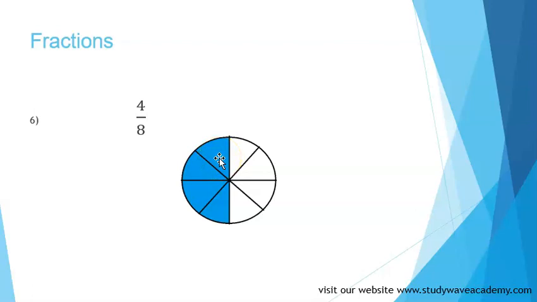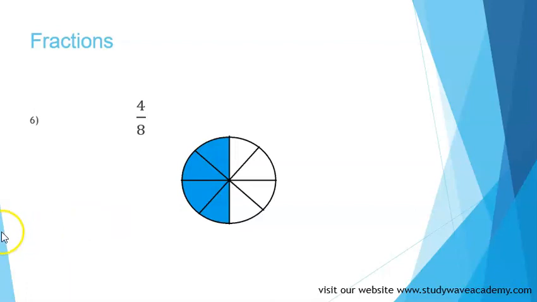And how many parts are shaded? 1, 2, 3, 4. 4 parts are shaded. That's why we have 4/8, because 4 represents the shaded part and 8 represents the full circle that is divided into 8 parts. Okay, we got that right.